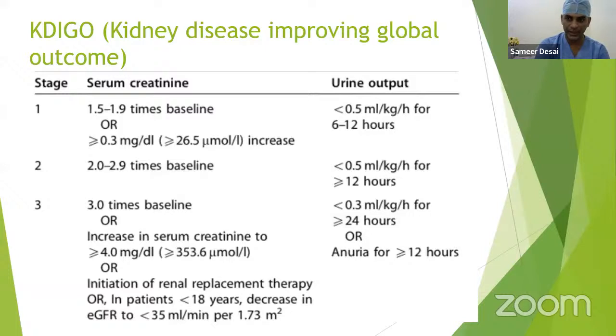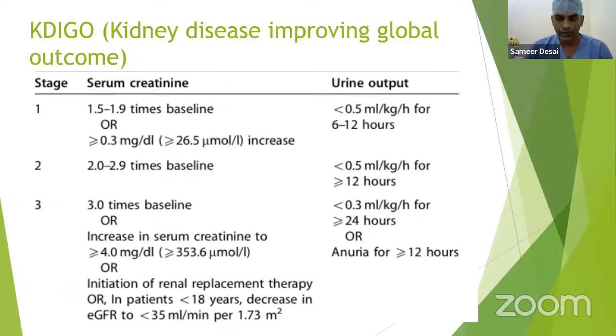Even after admission, whatever the value, if there is an increasing trend in the creatinine, that signifies worsening AKI status, or an absolute value of more than 4 milligram per deciliter definitely means severity. So creatinine, both the value is important as well as the trend is important.